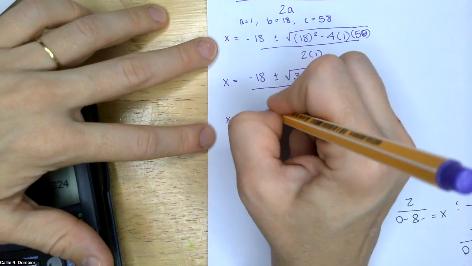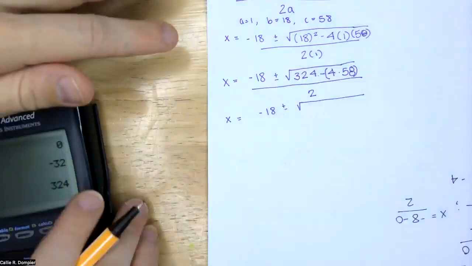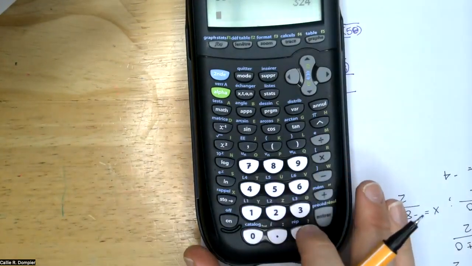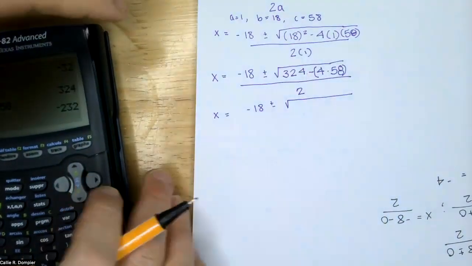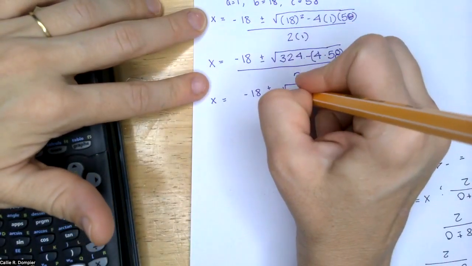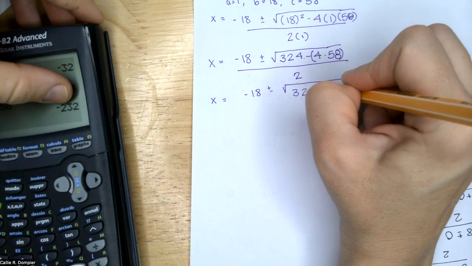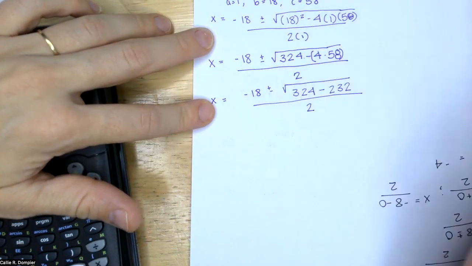Negative 4 times 58 is negative 232. So now that's 324 minus 232, divided by 2, right?